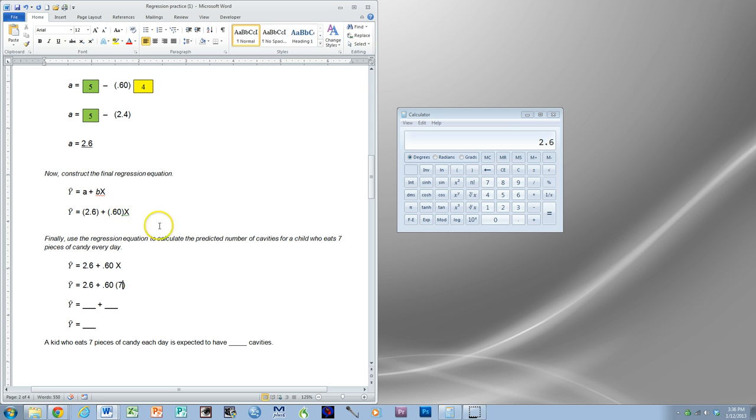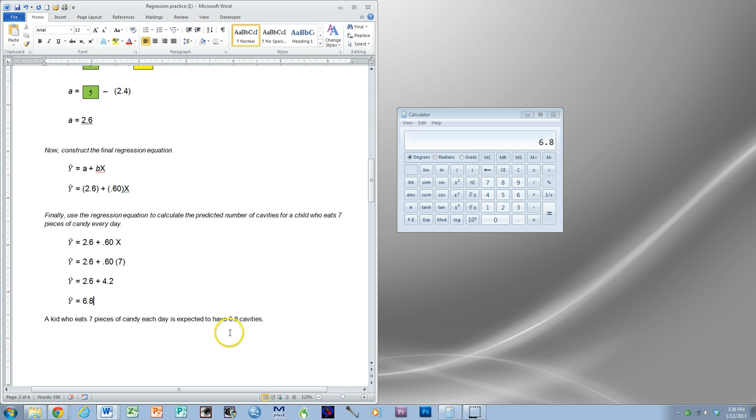Then 0.60 times 7 equals 4.2. Now we simply add 2.6 plus 4.2, which will give us 6.8. So if a kid eats 7 pieces of candy a day, that kid is expected to have 6.8 cavities.